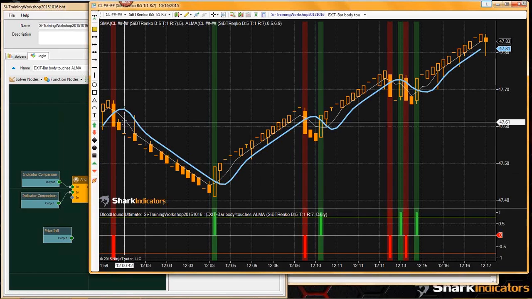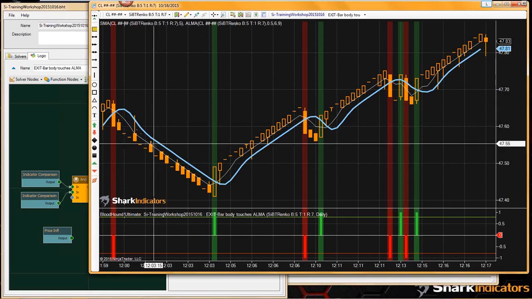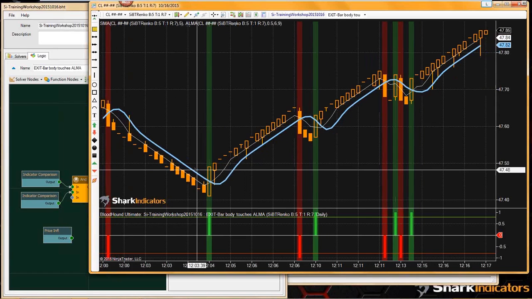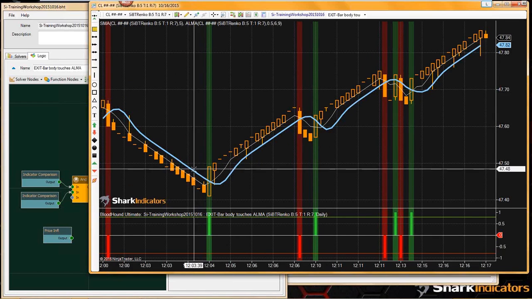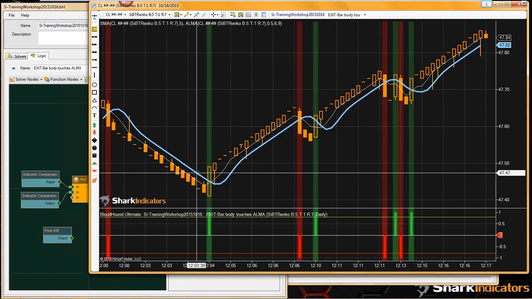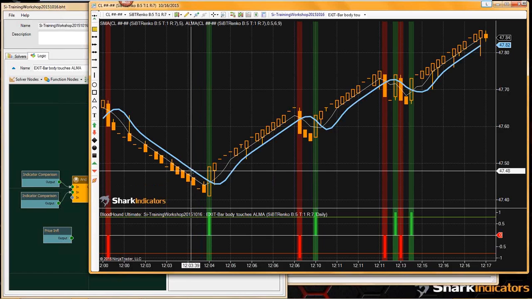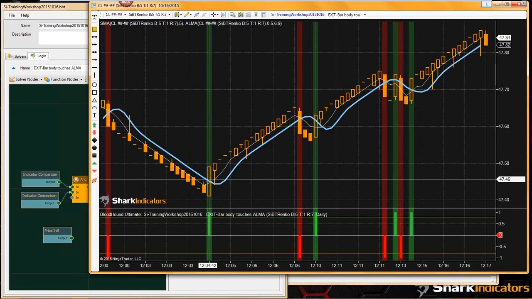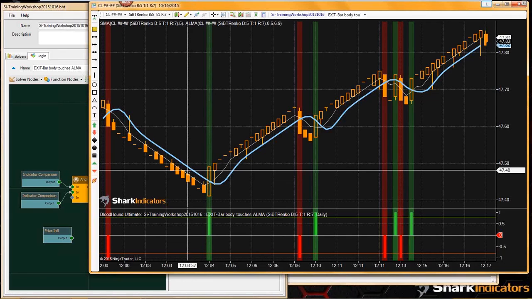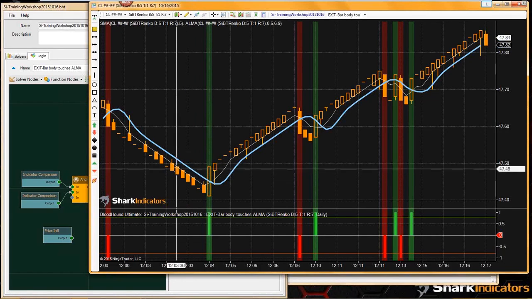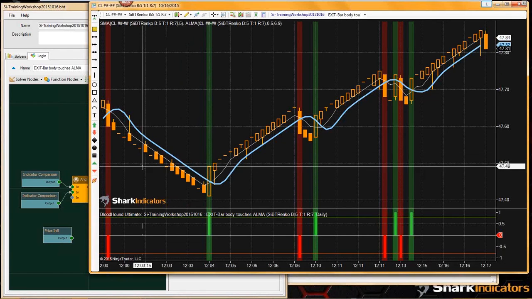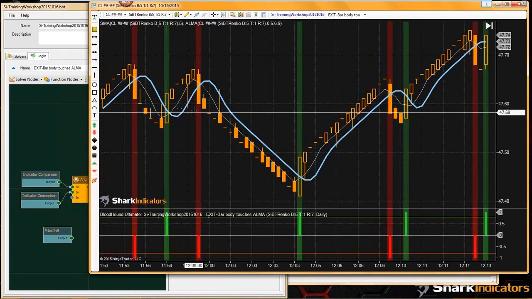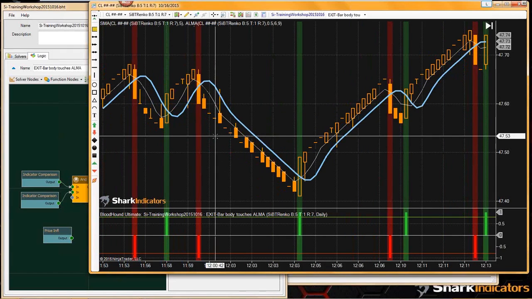So you have to keep in mind, if you're trying to exit a trade early before the bar closes, you have to ask yourself, how would I know what direction the bar is going to close in? How do I know what the bar is going to do before it actually does it? Because you are seeing everything in hindsight, when everything has already happened.